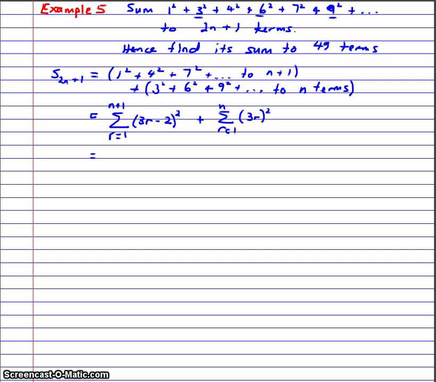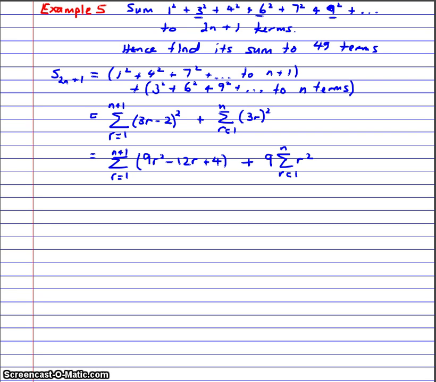What we'll do then is we'll expand these brackets. Okay, so expanding that, we can see that's what we get.